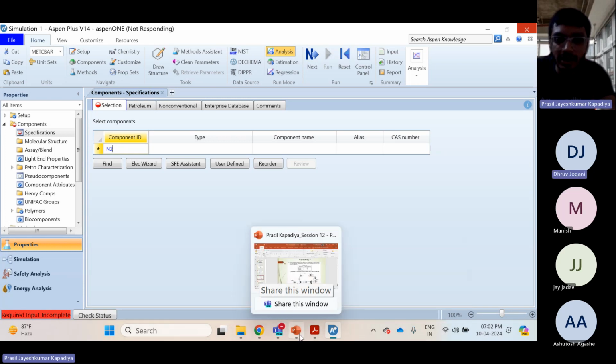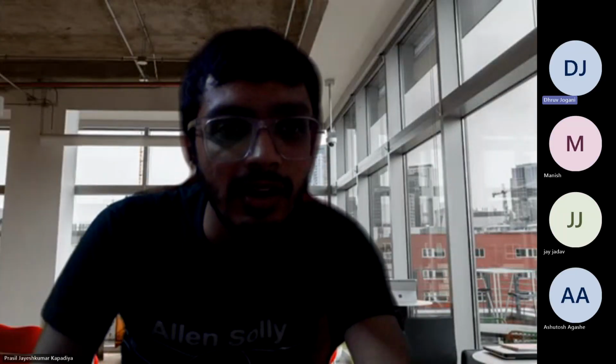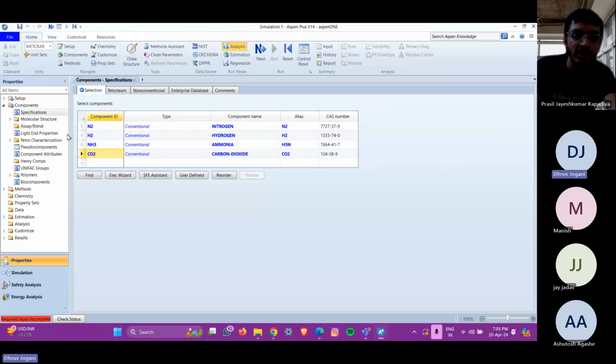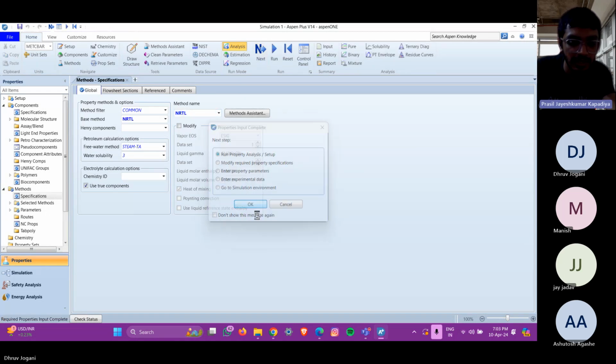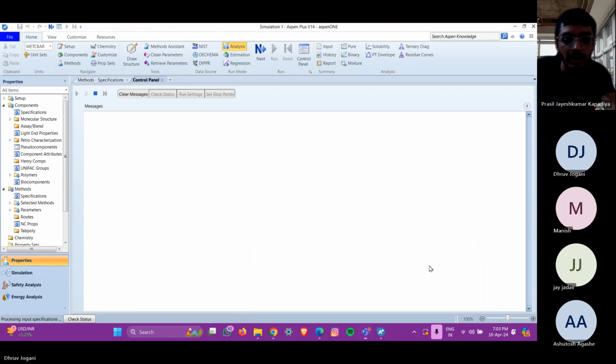It is NRTL. N2, H2. Actually, my laptop is full right now. That's why it is facing this. NH3 and CO2. Okay, these four components we are supposed to add.